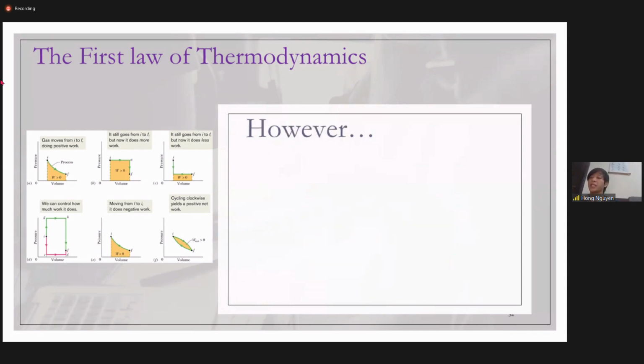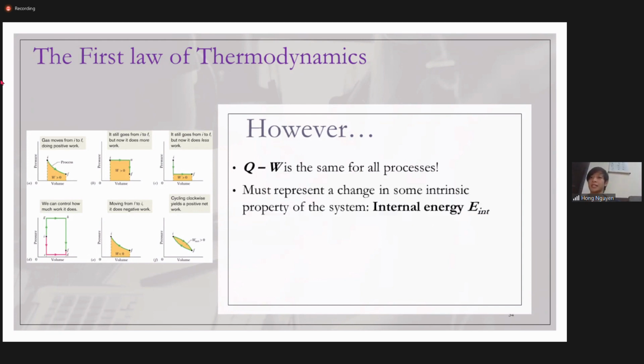However, there's a quantity that doesn't change, no matter what the process is. This is the quantity Q minus W. The heat minus the work is actually the same for all processes. They found this experimentally.